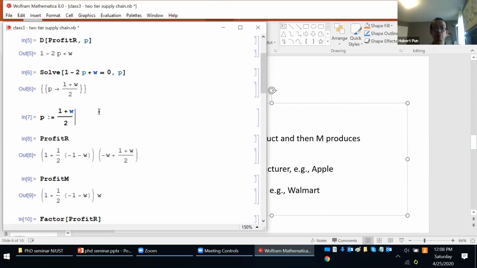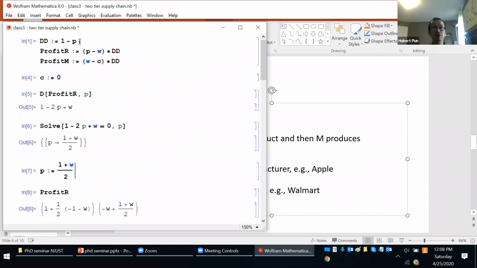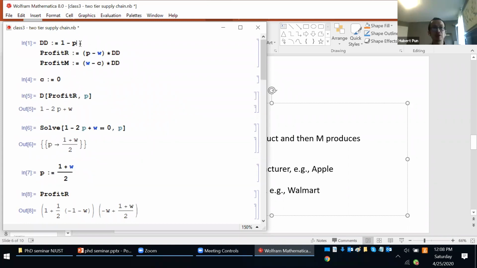So wholesale price equals 1, the retail price also equals 1. When the retail price equals 1, let's look at the demand. Then the demand equals 1 minus 1 equals 0.